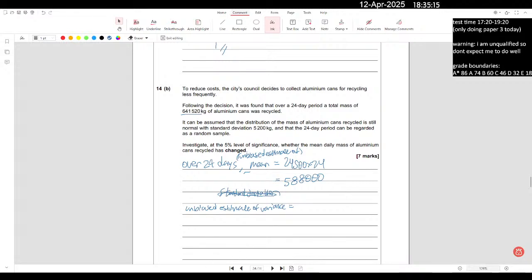Unbiased estimate of variance. But what the hell is, how do I get this? What is that formula? Trying to refer to a formula list, but I don't remember or don't understand what that symbol is.